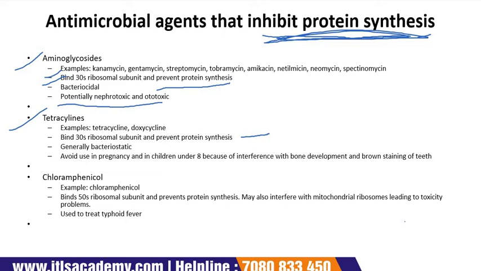They are generally bacteriostatic, means they make the growth static in nature, and you have to avoid use in pregnancy and in children under 8 because of interference with bone development and brown staining of the teeth. So these are the following list of antimicrobial chemotherapeutic agents, listed by generic and brand name, arranged by their mode of action.